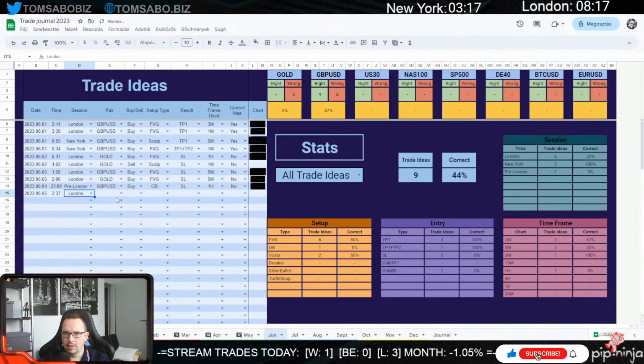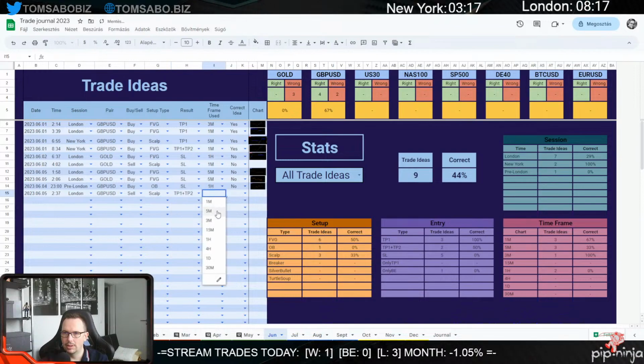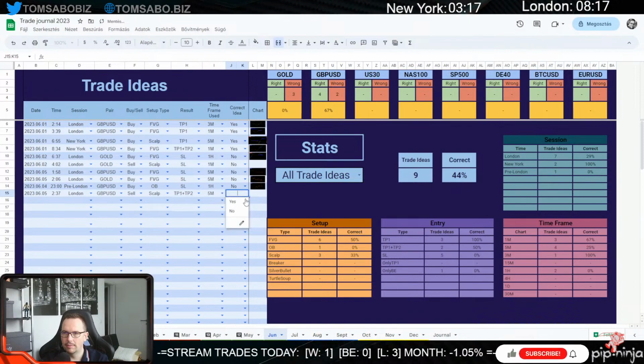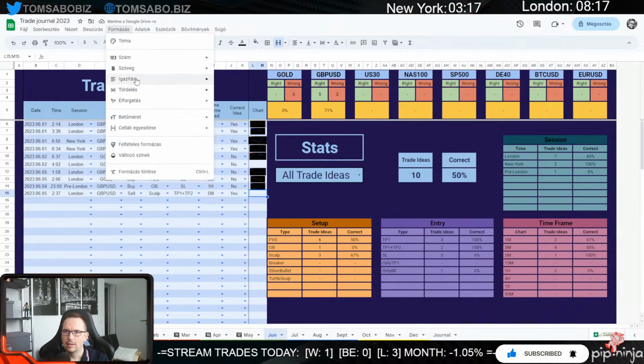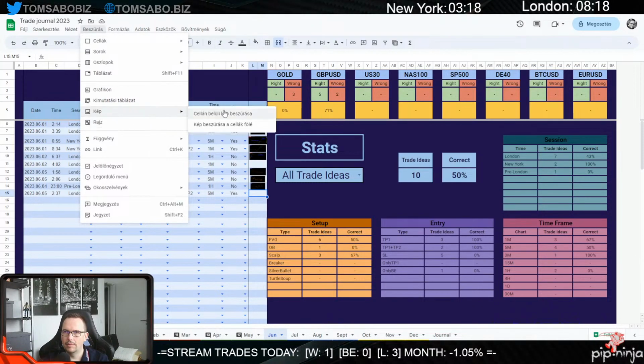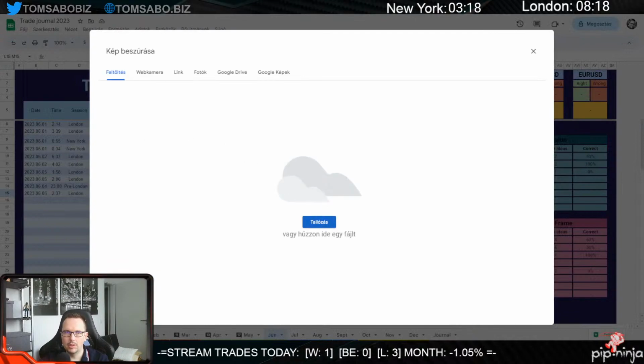This was London session, pound, sell. This was just a scalp trade, TP1 and 2, based on the 5 minute. Yeah, I think it was a 5 minute. Let me check it again.